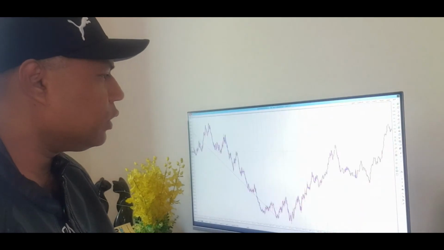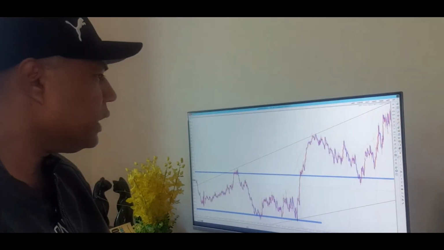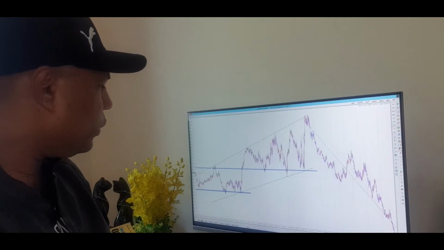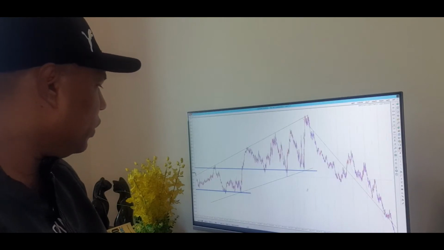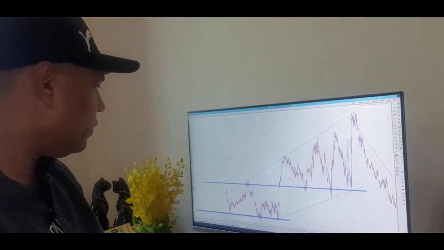Okay, let's move on to the weekly chart. What is the weekly chart doing? As we see, we have drawn this area, and price is clearly showing resistance in this area.